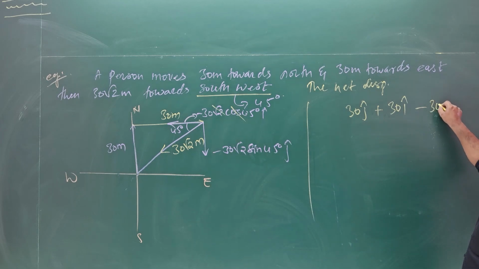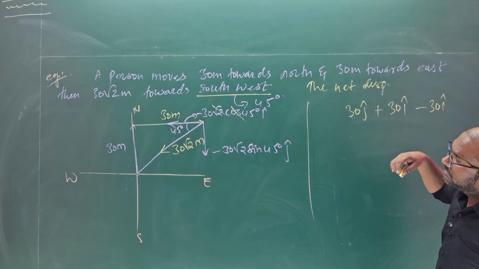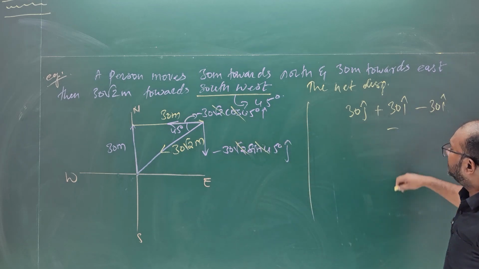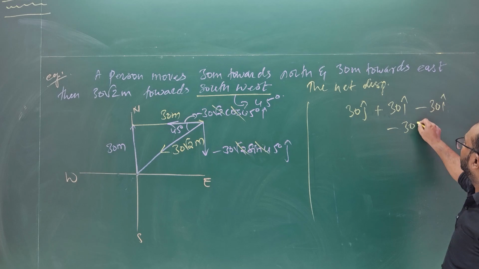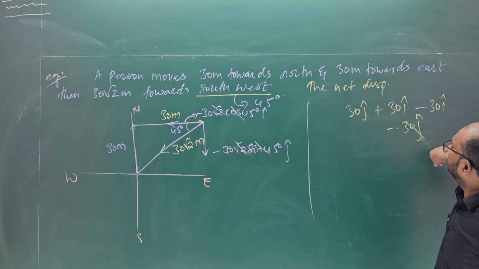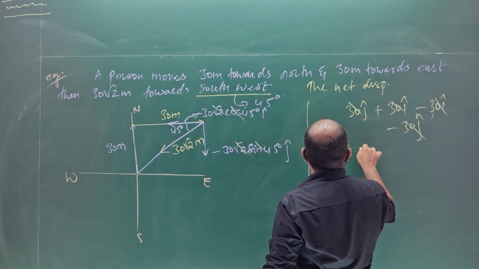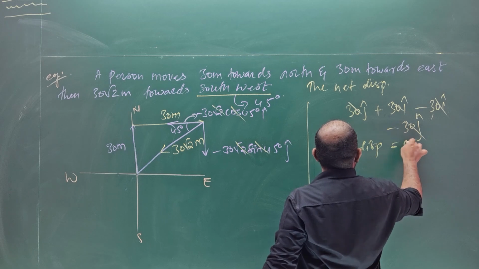So this becomes minus 30 I cap. Then similarly sine 45 and √2 get cancelled. Minus of 30 j cap. This one and this one get cancelled. Net displacement becomes 0.